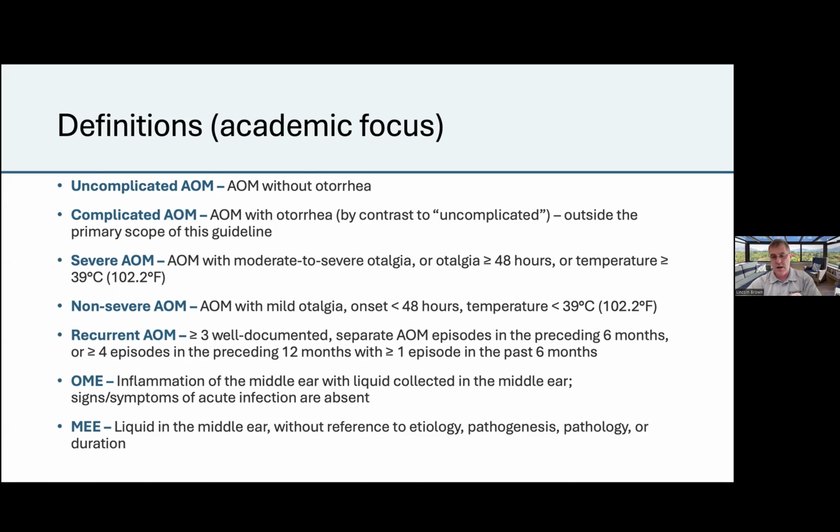Is it not? They're trying to make it a very clear distinction between these two. And then the very bottom of this was middle ear effusion, which is effusion in the middle ear without any reference to who, what, why, when, or how it got there.